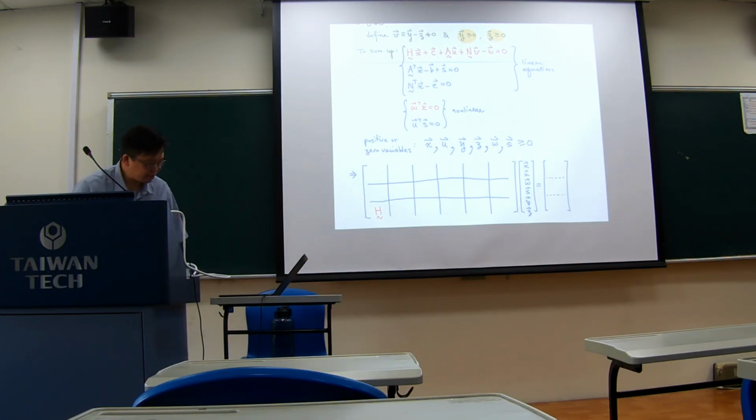A transpose times u. And then N times v. v is y minus z. So here negative N, right. And negative w, the third.